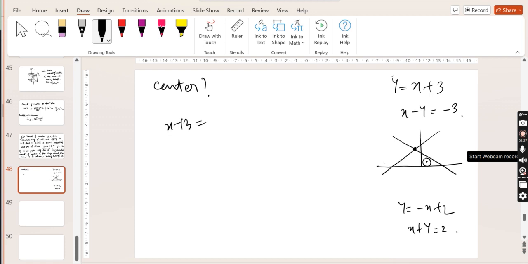Plus 3 is equal to minus x plus 2, so 2x will be minus 1.